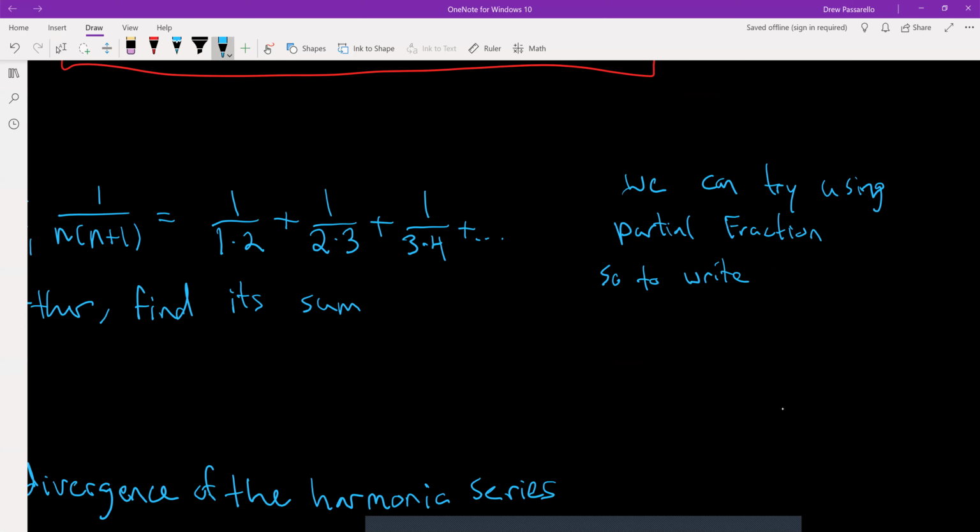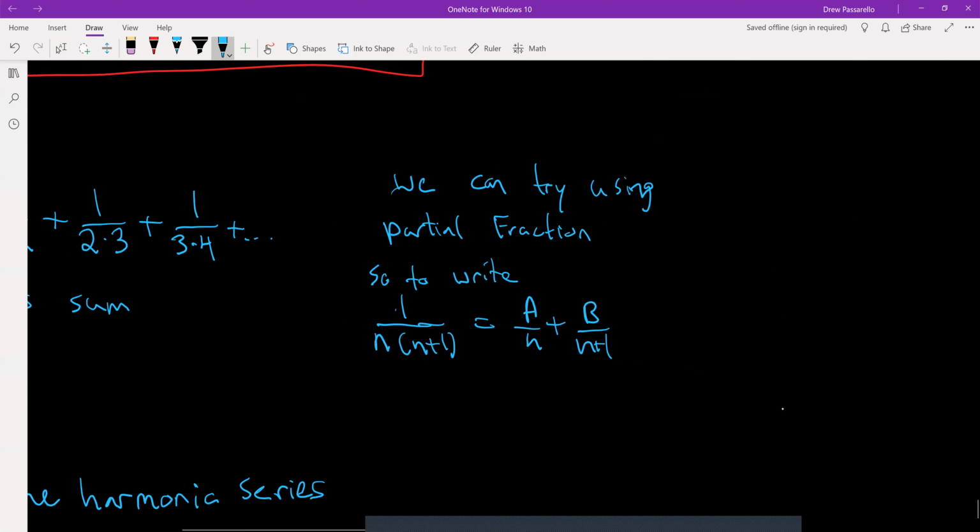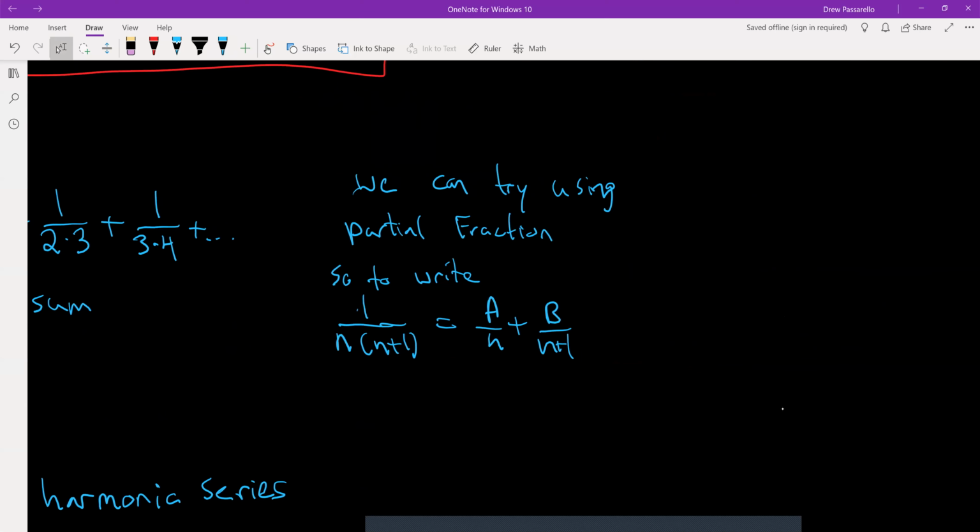So to write 1 over n times n plus 1, that's equal to some value a over n plus some value b over n plus 1. That's what we're going to try to do. Multiplying by the denominator n times n plus 1, that gives us 1 equal to a times n plus 1 plus b times n.